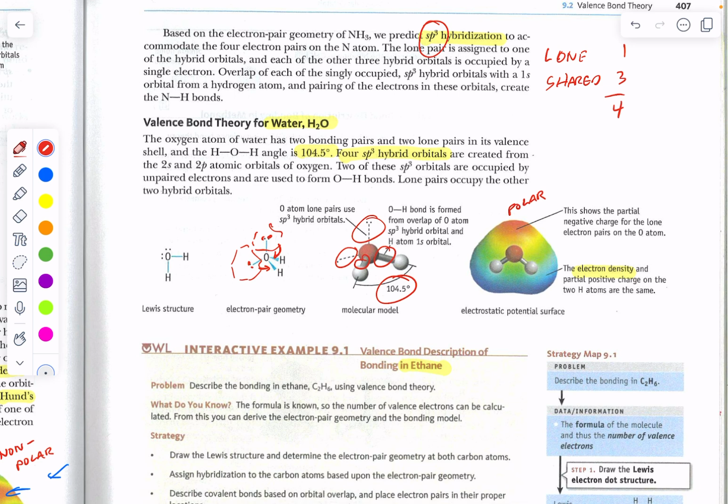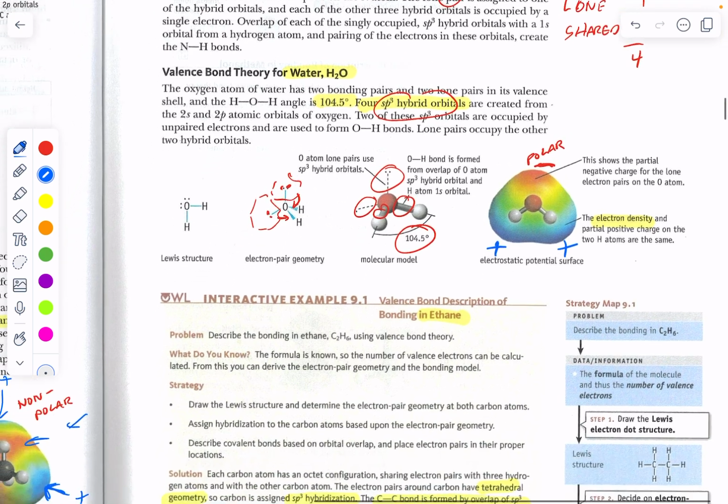We have 4 orbitals that are overlapping. And so once again, we have sp3 hybrid orbitals, where we ignore the difference between a lone pair and a shared pair involved. And we have our nice color coding again with our strong negative region and our nice positive regions right here, where the hydrogen atoms only have their nucleus exposed. And so we have a very polar molecule.